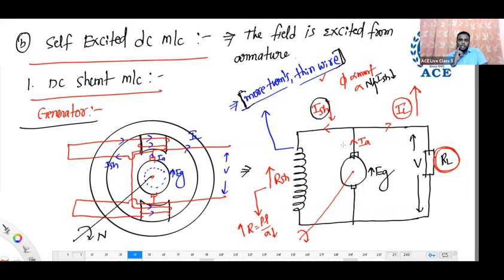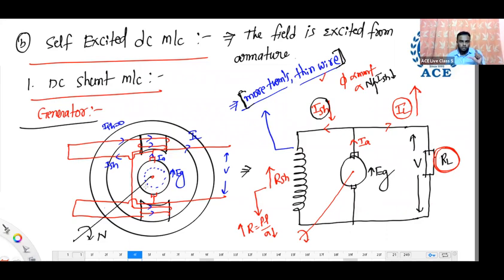Why? Think here. Observe this second diagram. When there is no voltage here, is there any field current? No field current, zero. If field current is zero, what is the flux? Zero. Then how is EMF induced? Assume that field current is zero initially.